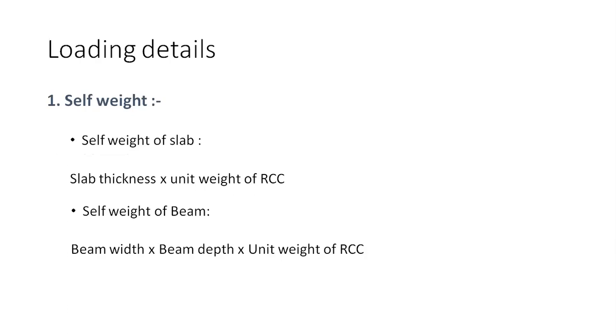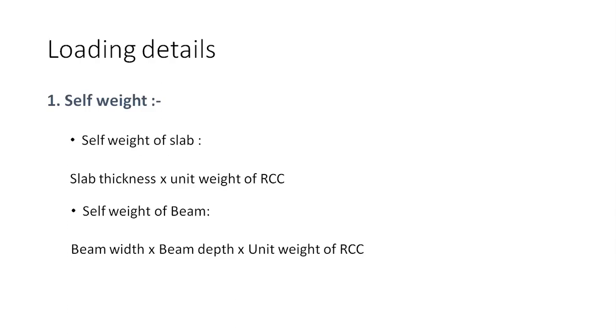So the unit of self weight of slab is kilonewton per meter square, and the load is spread over the area of slab. The value of unit weight of RCC is provided in IS 875 Part 1 as 25 kilonewton per meter cube.